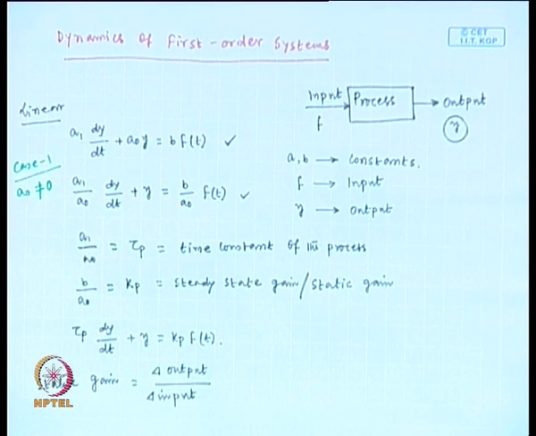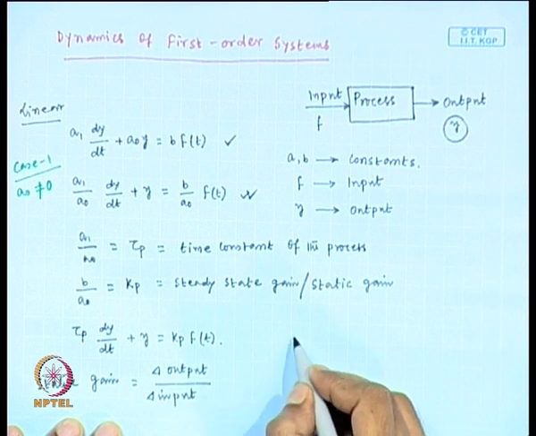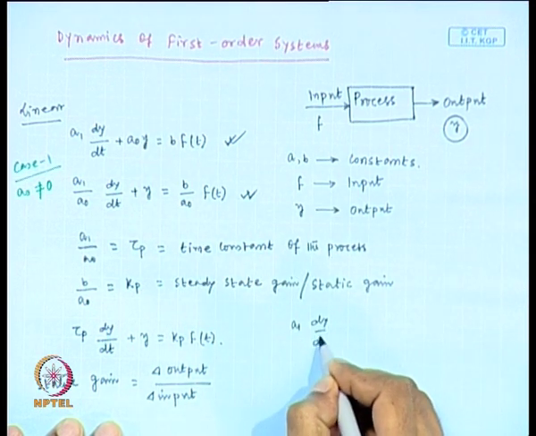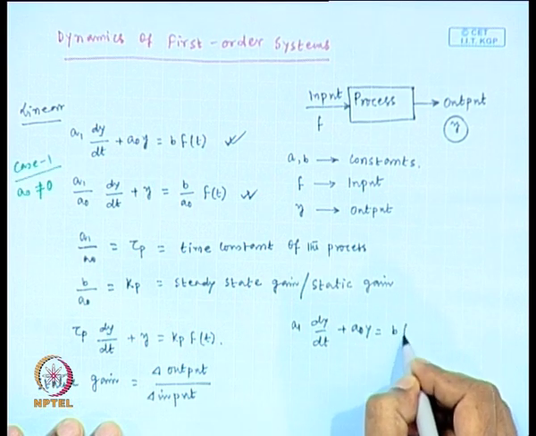So, we know the modeling equation a 1 by a naught dy dt plus y equals b by a naught f t. So, what will be the steady state form of this? Steady state form will be, if we consider the first equation, I mean a 1 dy dt plus a naught y equal to b f t.